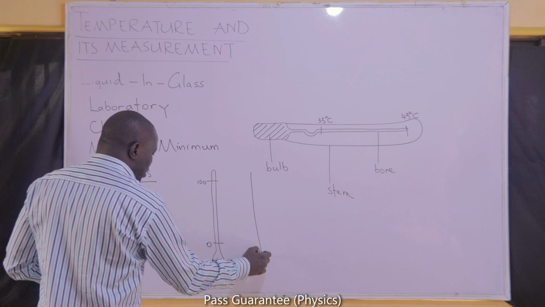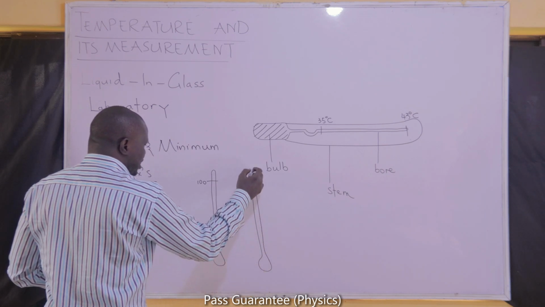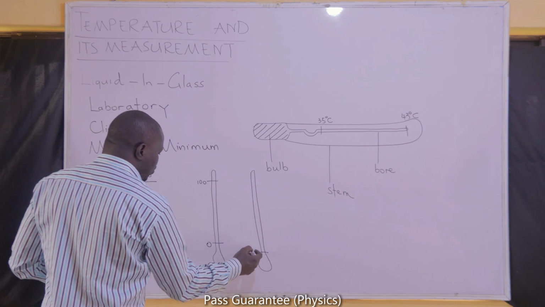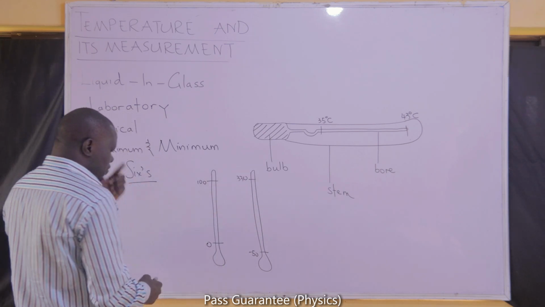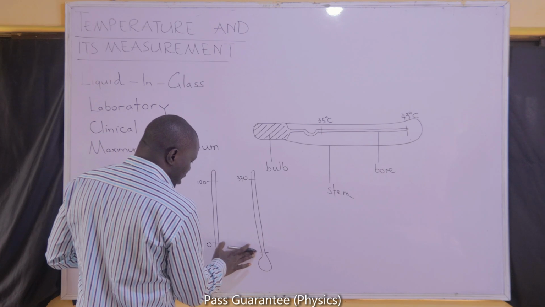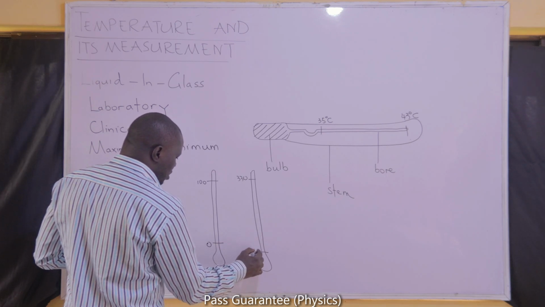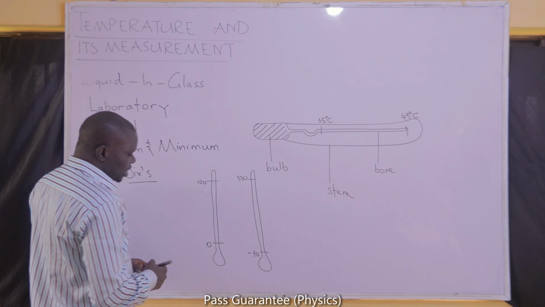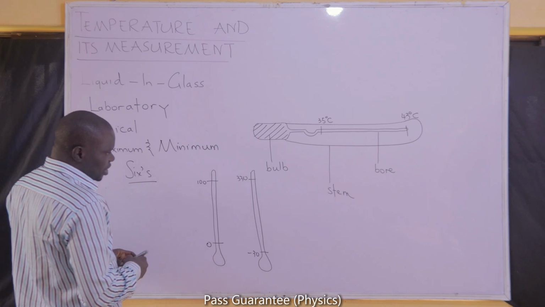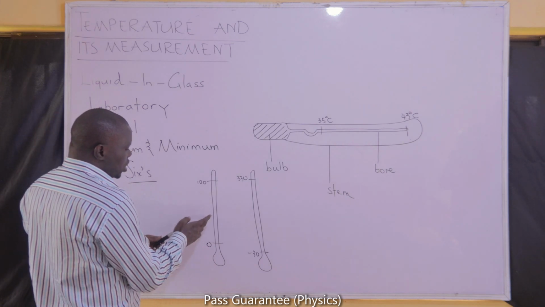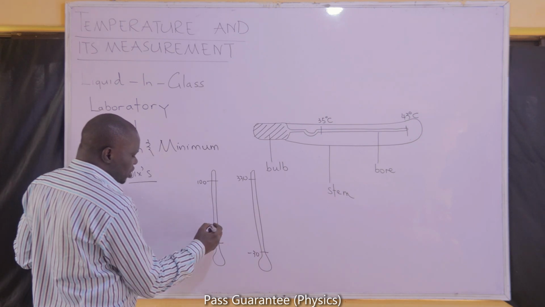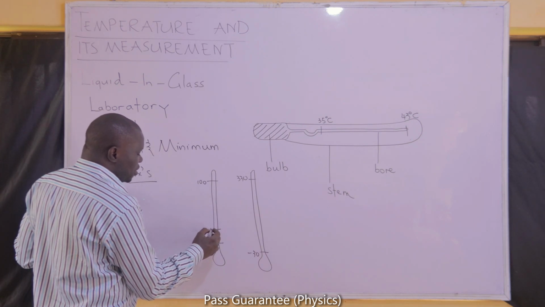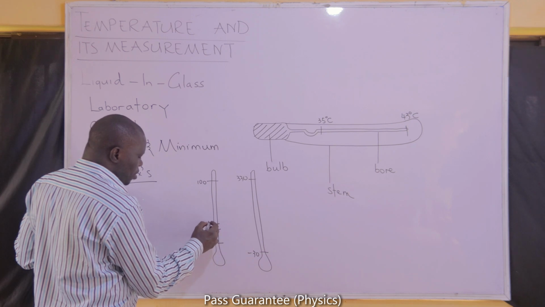In fact, we have some laboratory thermometers that go from minus 50, or even minus 30, to about 330. If that is the case, it means if I'm going to turn this into a liquid in glass thermometer, I only need the range of temperature from 35 to 43.